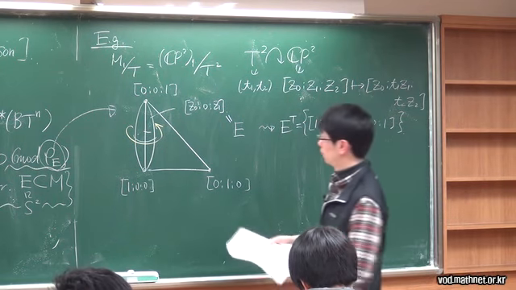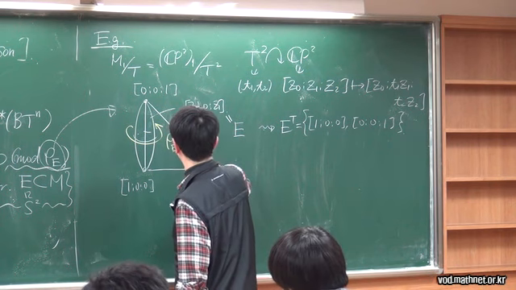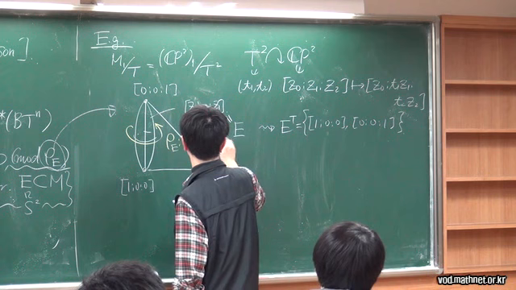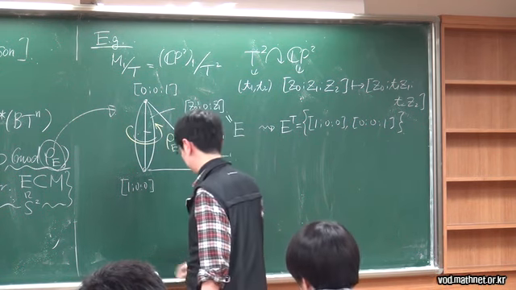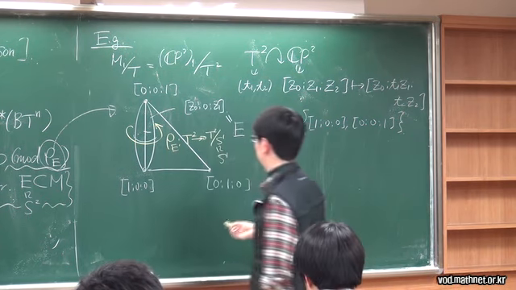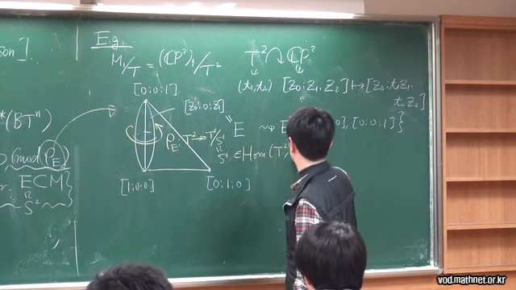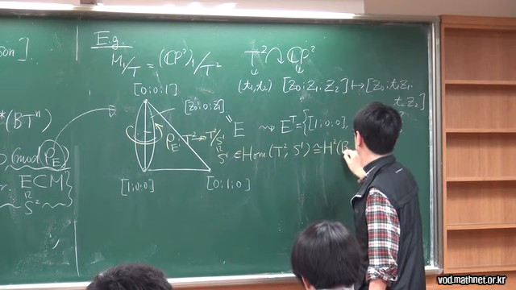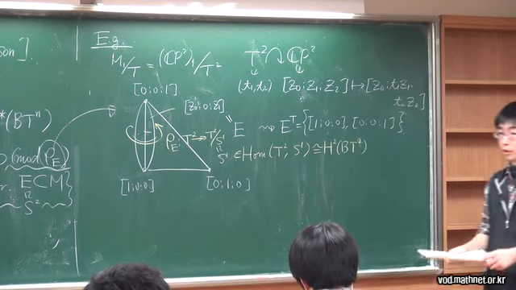So rho E may be regarded as a T2 on S1. Actually, this is an element of the homomorphism from T2 to S1, and this is nothing but a cohomology element of second degree.